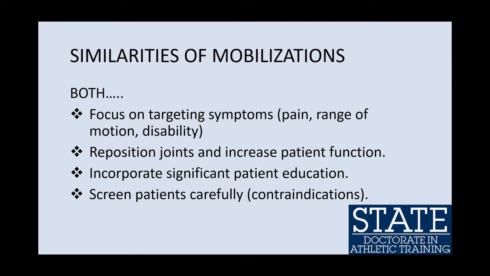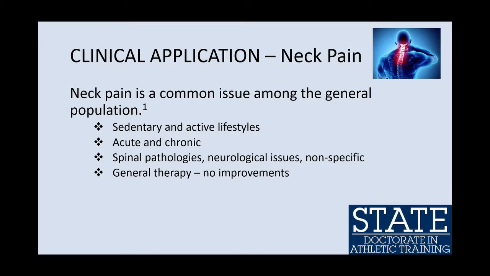And so definitely educating the patient on what they should be feeling and how far they can go before it's too much. A lot of feedback from the patient and the clinician going back and forth is very important for both of these mobilizations. And then lastly, both types of mobilizations, when you see studies on them, they screen their patients carefully due to the contraindications of performing these mobilizations.